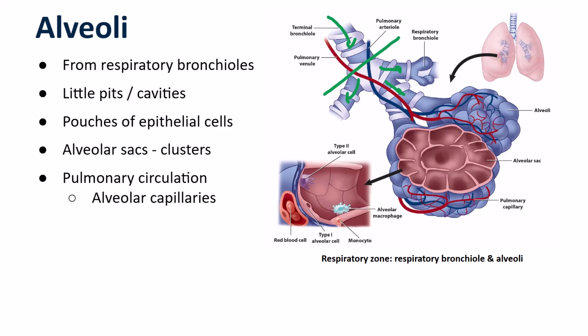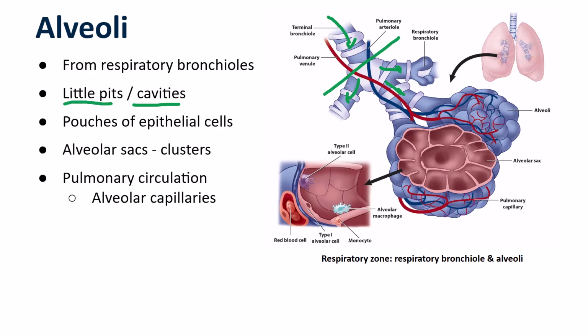Alveolus is the singular, alveoli is the plural, and what this means is little pits or cavities. So we also have alveolar processes which surround our teeth, the cavities into which our teeth go in the maxilla and mandible.